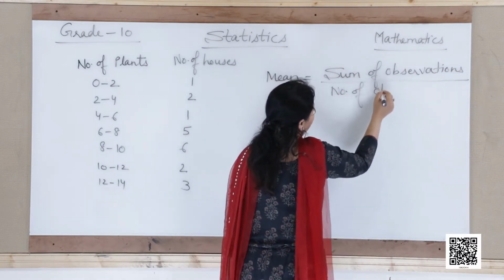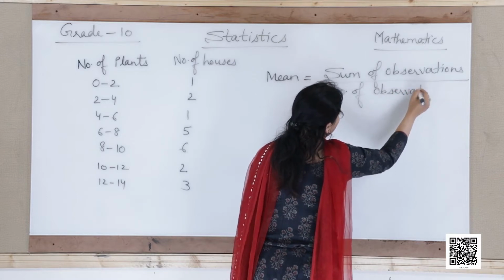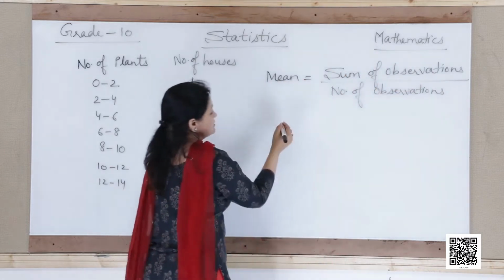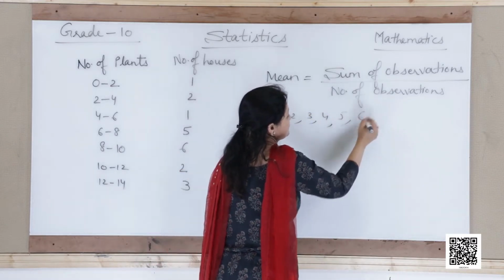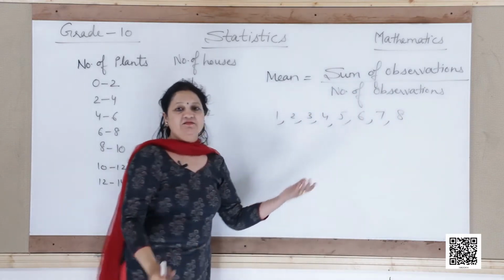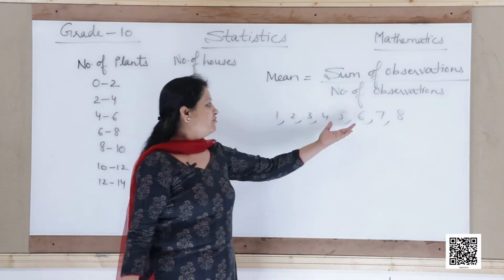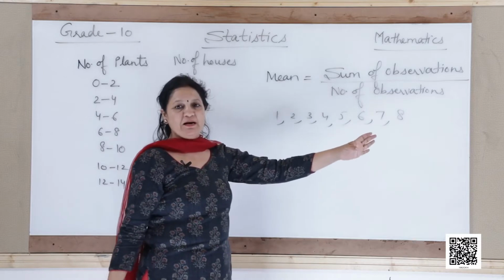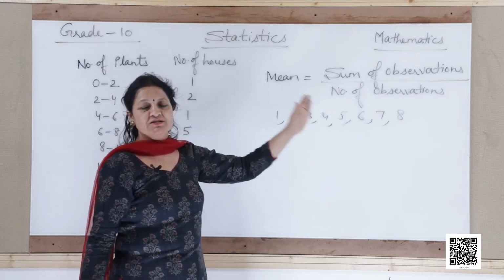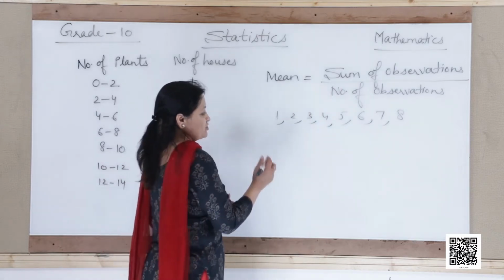For example, all of you have done in 9th class, suppose the numbers were given 1, 2, 3, 4, 5, 6, 7, 8. And they said to find out the mean of these numbers. How to find out the mean from all these numbers? Sum of observations upon number of observations.